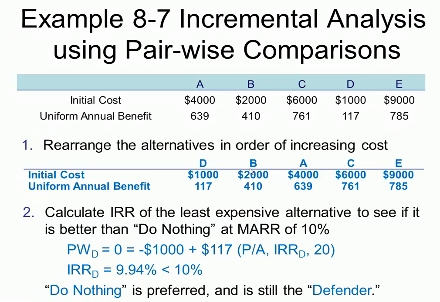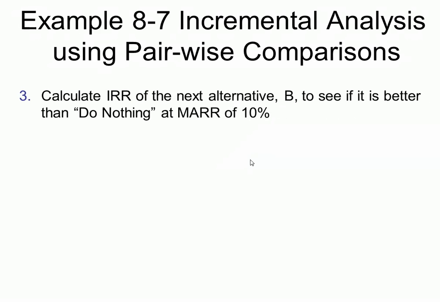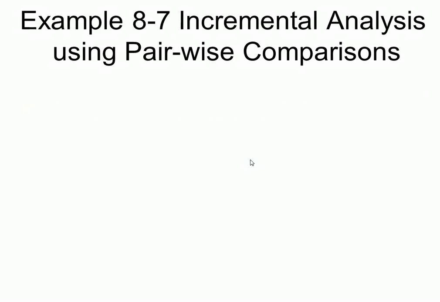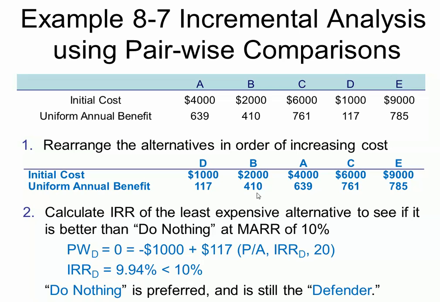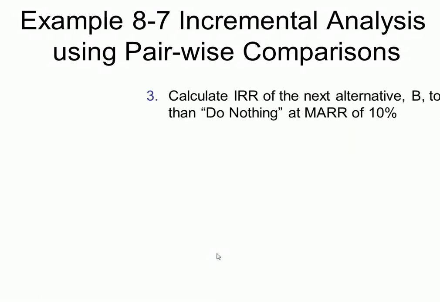And so then we compare the next alternative to do nothing. The next alternative in terms of initial cost is B. So you can compare B to do nothing. We can calculate the internal rate of return of the next alternative B to see if it's better than do nothing at a minimum attractive rate of return of 10%. So again, notice we had negative 2,000 in terms of the cost in the present, and then uniform annual benefit of positive 410. So we're just going to replace this with 2,000 and this was 410, but the same remains except this is going to be the internal rate of return of B, and that's going to be the present worth of B. So that's the same.